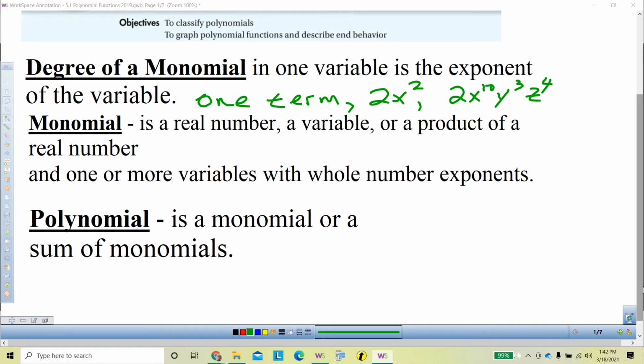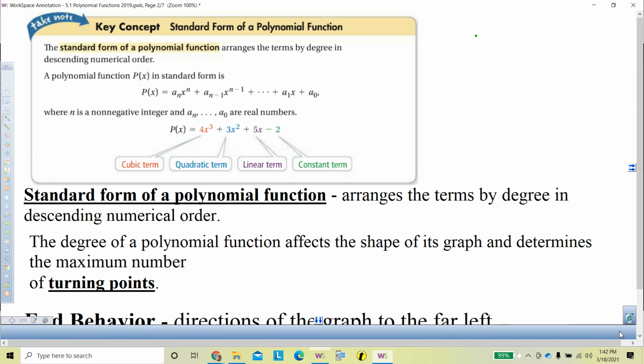Could be 2x squared, polynomial. Could be 2x squared plus 4x plus 8, still polynomial. 2, polynomial. 0, polynomial. If we're talking about the number of terms, polynomial means 4 or more terms. We'll define that in greater detail 2 slides from now.